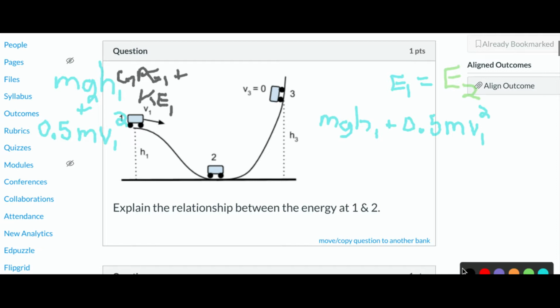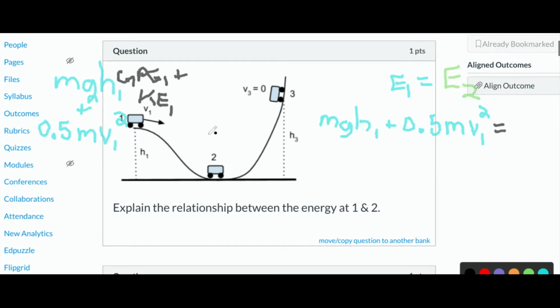So let's look at 2 now. Here at 2, there's no height, so there's not going to be any GPE, but this cart came rolling down this hill, so I'm sure it's going very fast now.